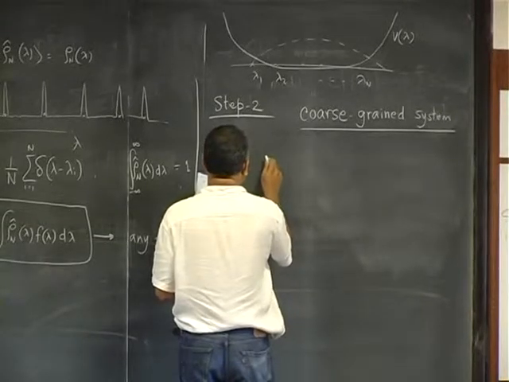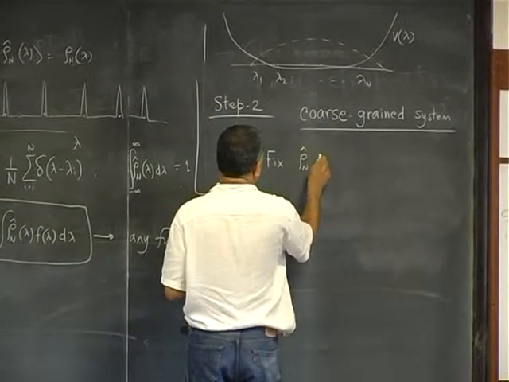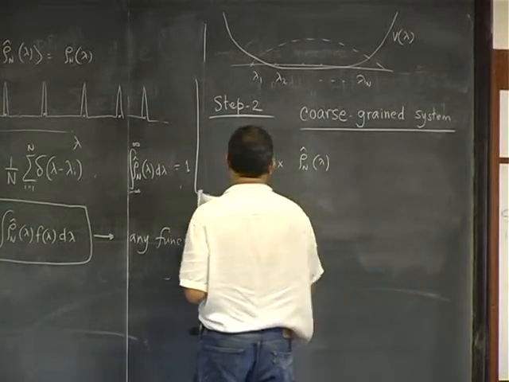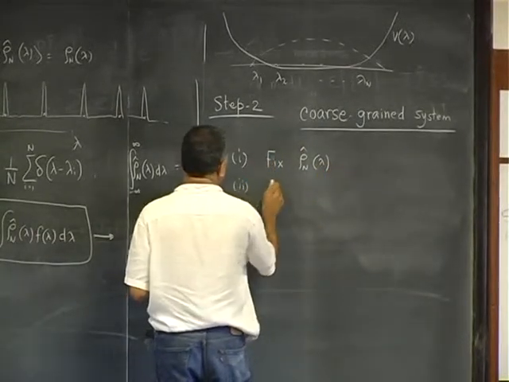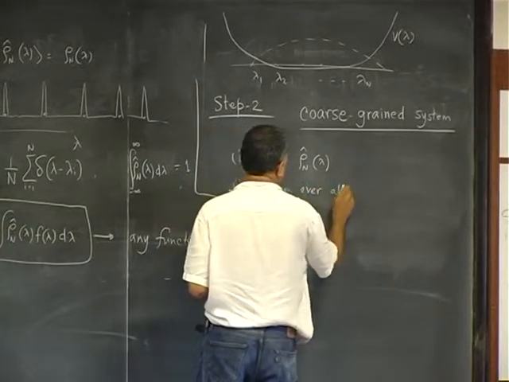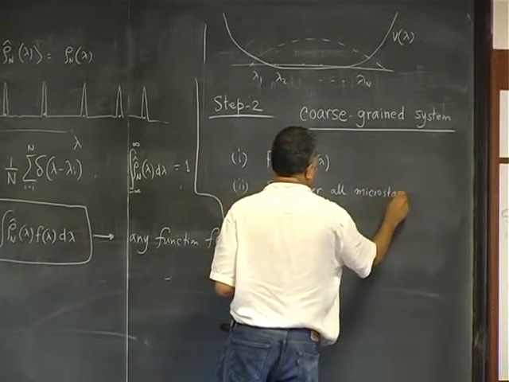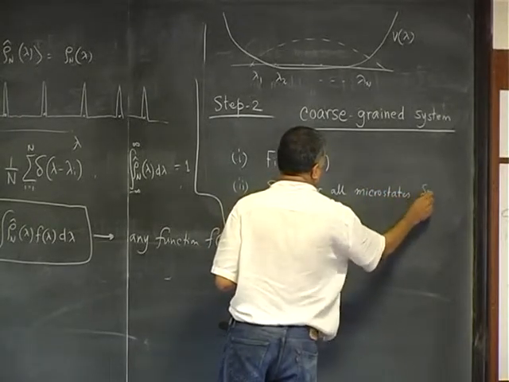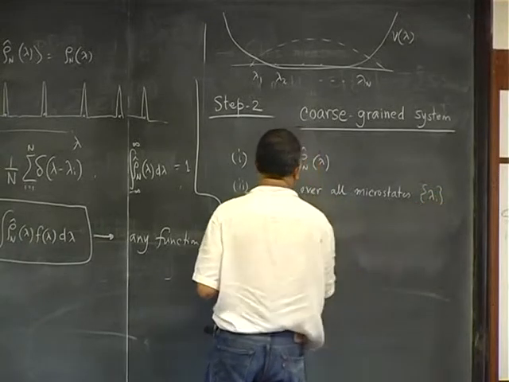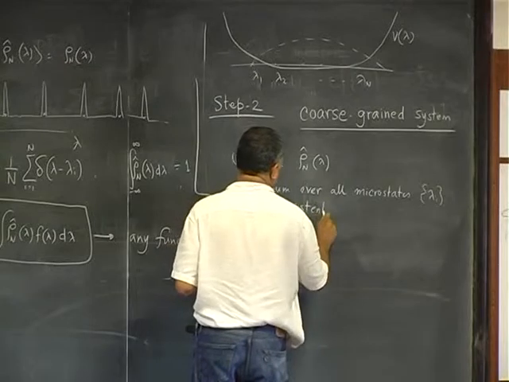So fix rho n lambda. Number 2, sum over all microstates consistent. I'll explain to you. First, let me write down.